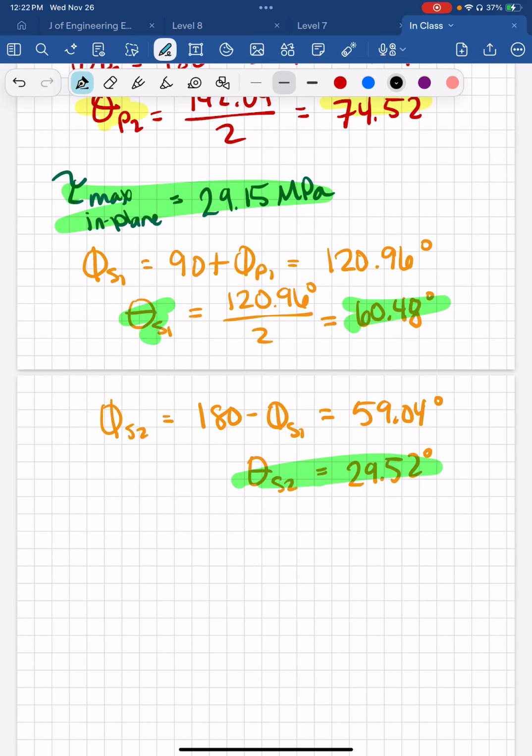Where it was before was like this, and that was off to the X. We know it's 29.52 degrees, so it'd be less than that, something like that. That's where this will be pointed off of.